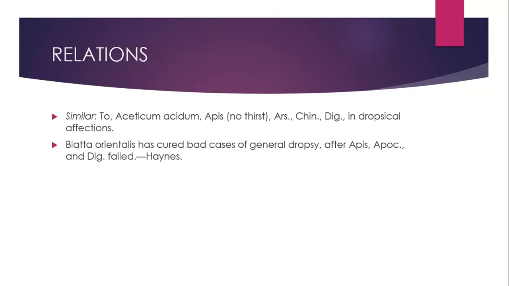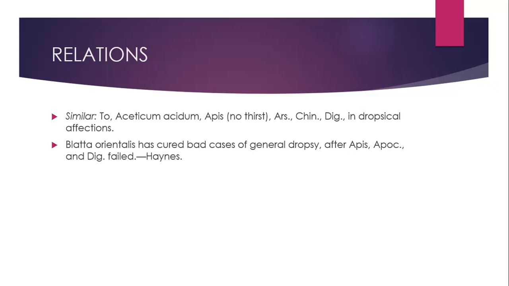Now, when you rewind to the Apis part, you have seen Apis has cured scarlatinal albuminuria after Cantharis, Digitalis, and Helleborus failed, which was given in the previous slide, and here you have Blatta coming up. So these are very recently being more focused.